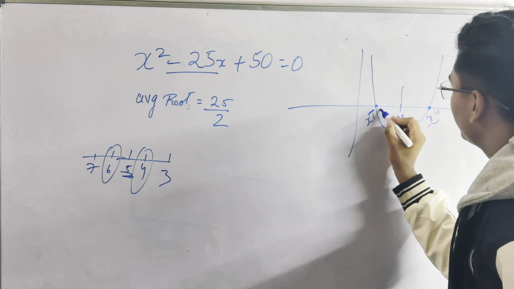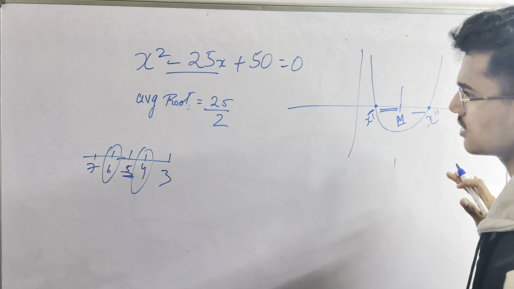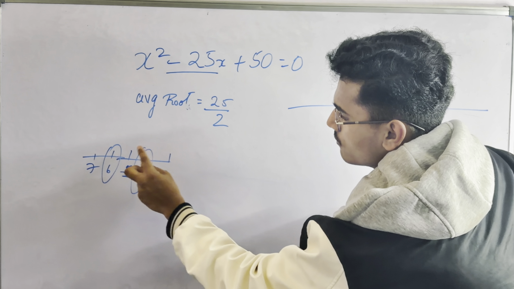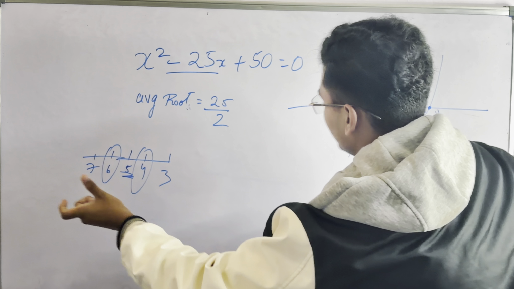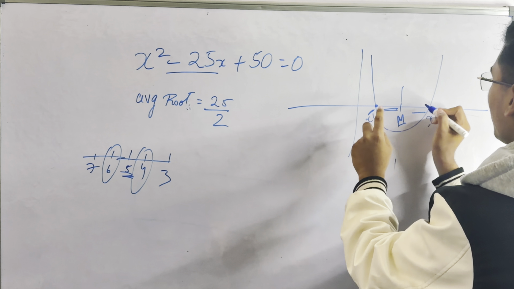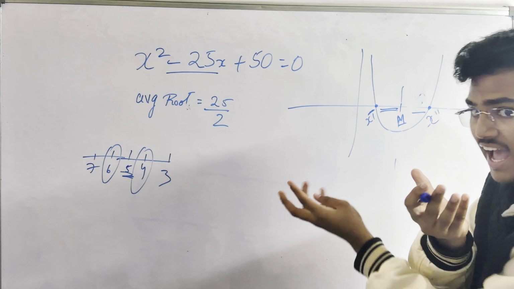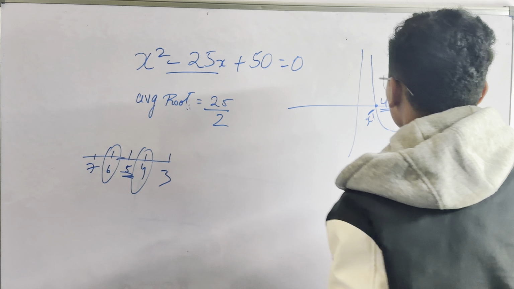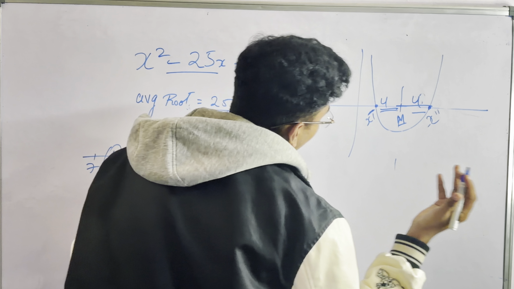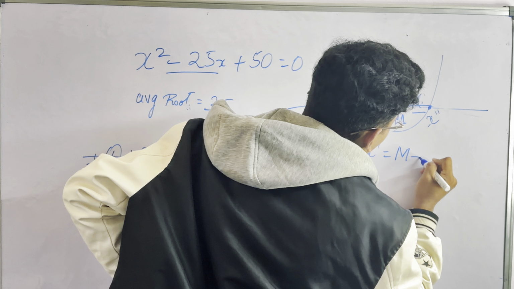From here to here, we have the same distance, because from 3 to 5 we have two numbers covering it, and from 5 to 7 I have two numbers covering it. So let me take that distance as u, and here also u. Now I can say x dash is equal to m minus u.